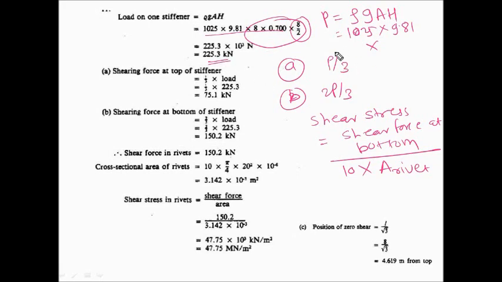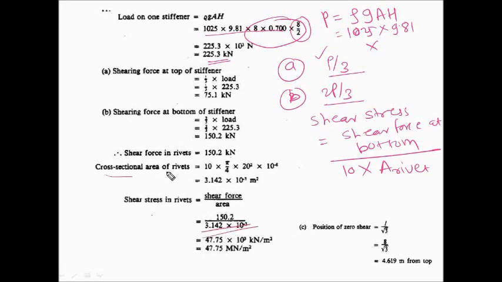If you know P, you can calculate the shear force at the top, and you can easily find the shear force at the bottom, that is 2P by 3. With the help of this shear force at the bottom, we are calculating the shear stress in the rivets, that is the shear force at the bottom divided by 10 into the area of the rivets. That only we have done here.